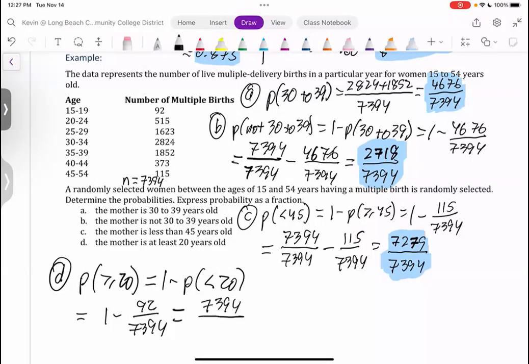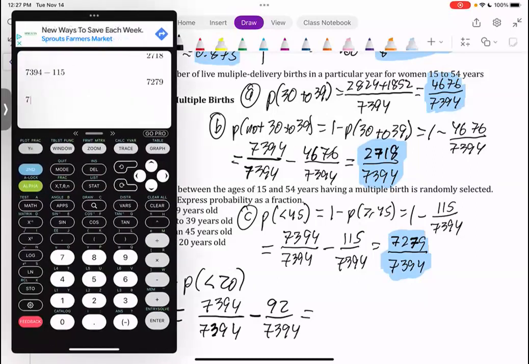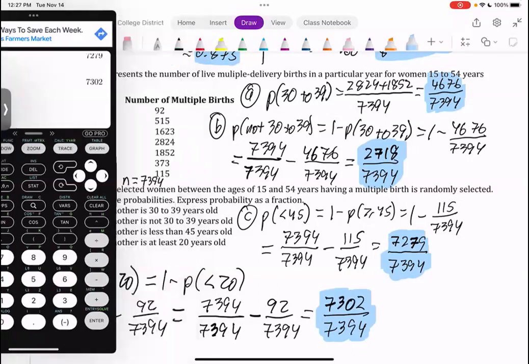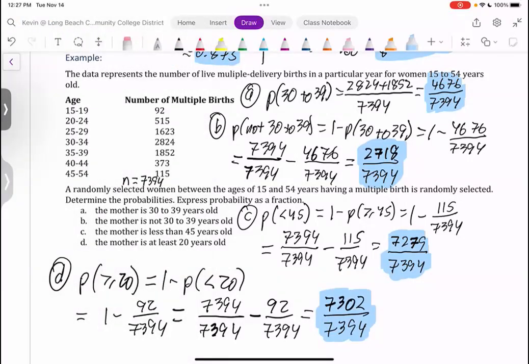Again, getting a common denominator with the 1. Again, that will reduce, but I'm going to leave it unreduced for now. So it's not too bad. And that complement really does save us a little bit of work in this case. And a little bit later, it's going to save us quite a bit of work, actually.